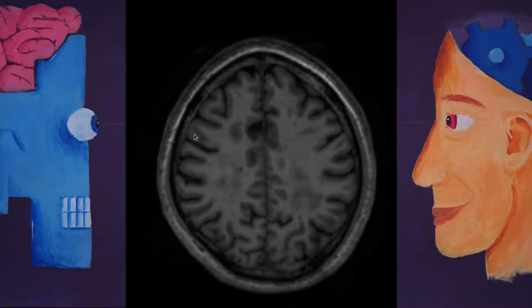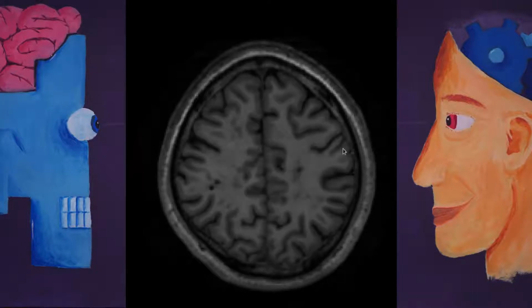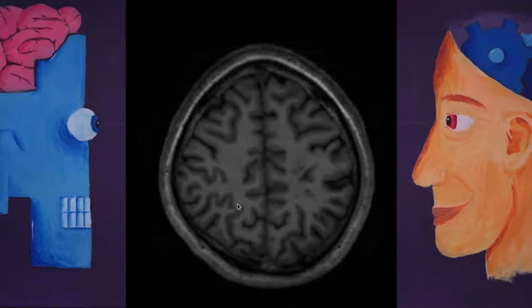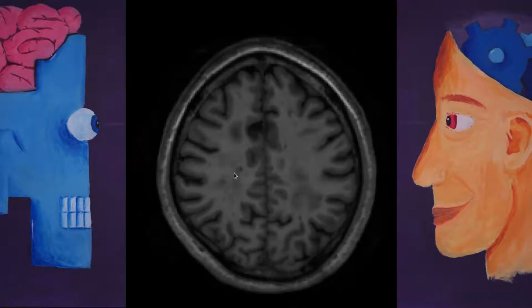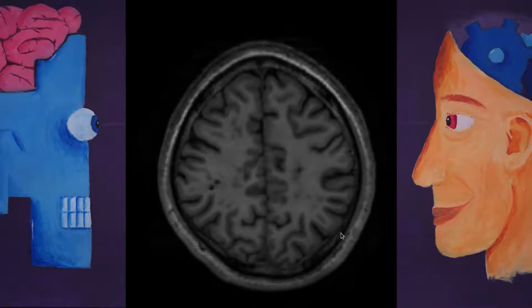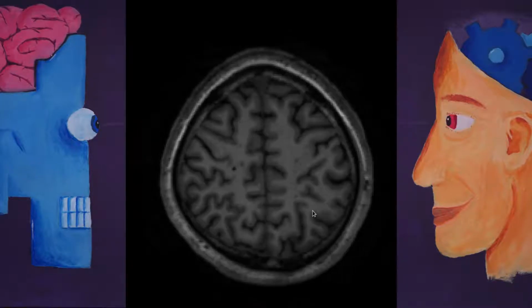You see many more actually in this slice than in this one, so that's quite tricky. Here you don't see that many. You see some sulci, but you don't see that many perivascular spaces. Here you see more perivascular spaces, for instance. Like you see this thing here, this one here, this one here.